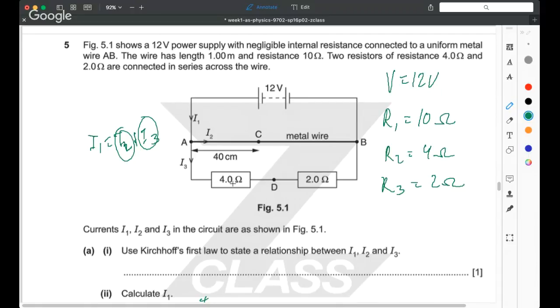For example, these two are in series. What do you do? You add. When the resistances are in series, for example, resistance 2 and resistance 3, and then resistance 1, when they're in series, you just add them up.